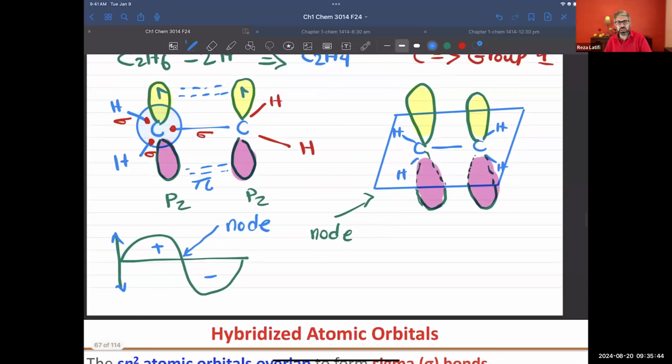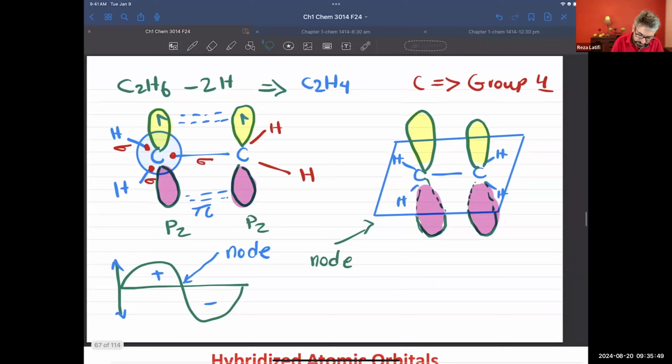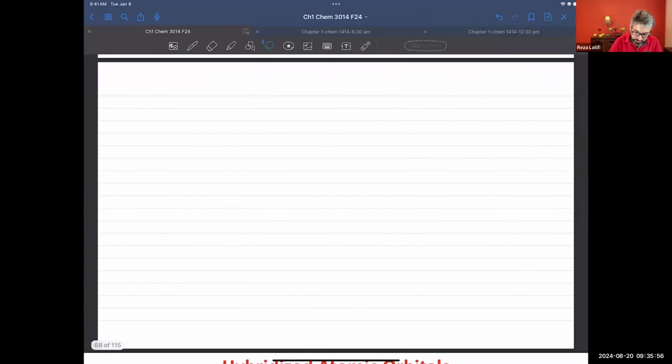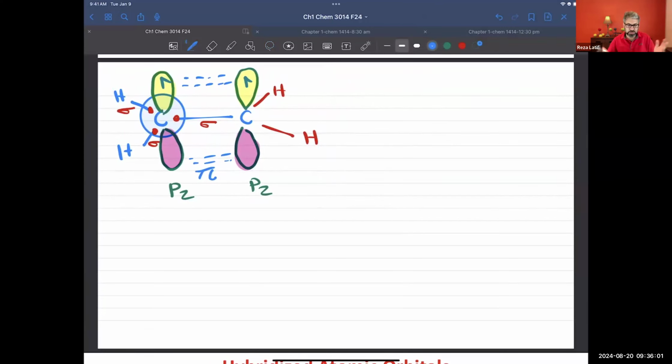Okay, so now let's talk about the hybridization of such a molecule. So I'm going to pick this, and now I will highlight one of the carbons. It doesn't matter which carbon. So let's say we are going after this carbon, and I want to know the hybridization for it. The carbon that I highlighted has 3 sigma bonds.